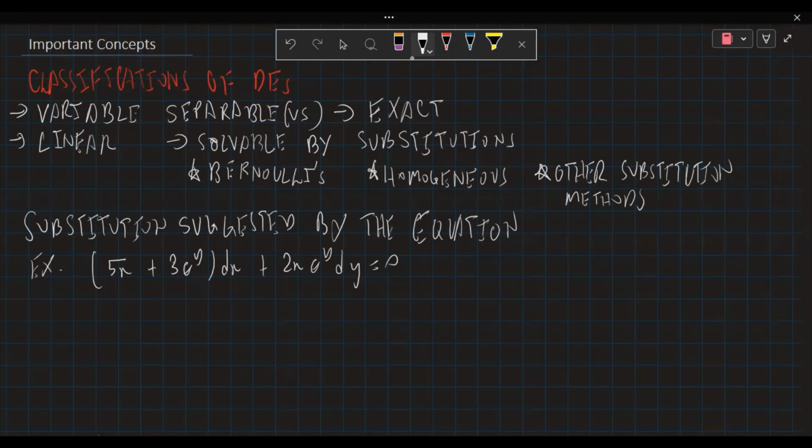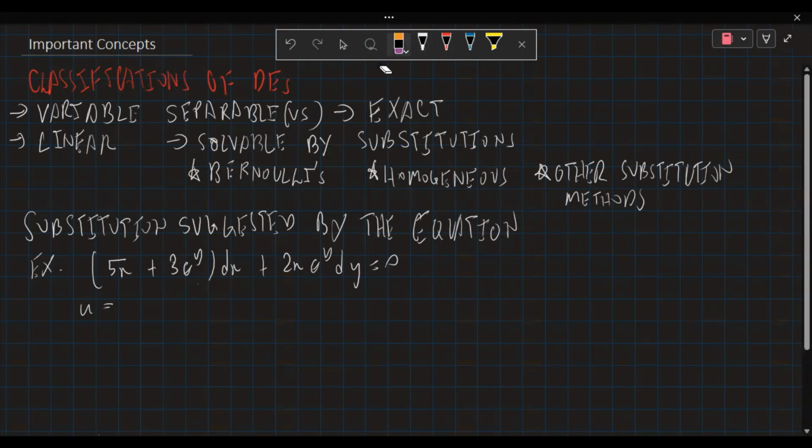It's not exact since you can even mentally differentiate and see it doesn't work. It is not linear since x is here with dx and there is the presence of e to the y itself. And it's not homogeneous as well. So what we can do is substitute it. If all else fails, we can substitute the variable that is complex, which is e to the y.